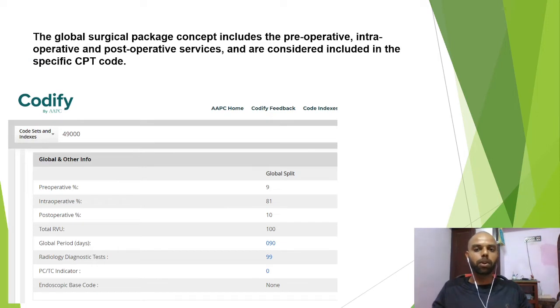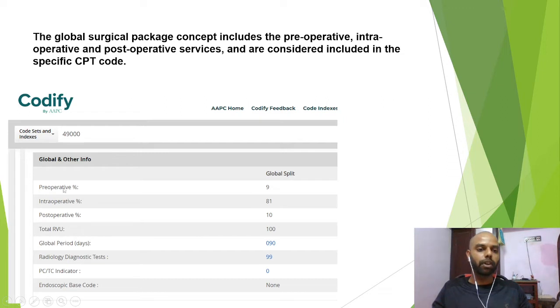Before moving to modifier 24, 25, and 57, we should know the global surgical package concept. When we are billing a service, there is a global period for each service. For some procedures, you will have a 0-day period, and some 10-day and some 90 days.